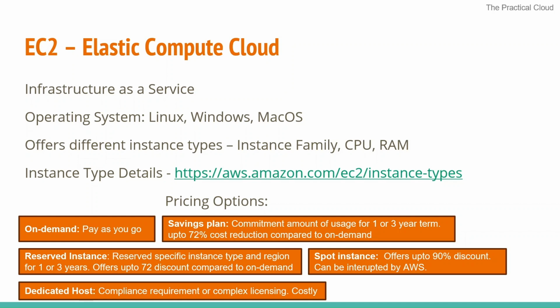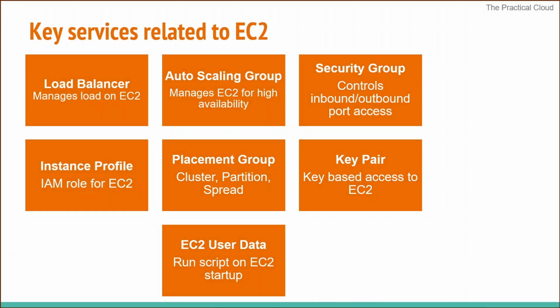So if you want to run something which can be interrupted, then this is a great option to save cost on EC2. Dedicated host, when you have a certain compliance requirement or complex licensing that you want to meet, then you can go for this option where you get your own physical server on the AWS cloud, but it is one of the costliest options in EC2.